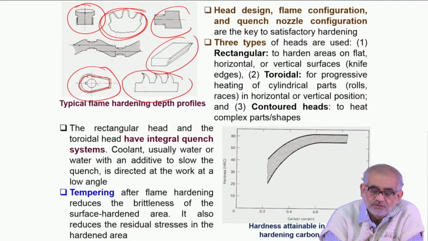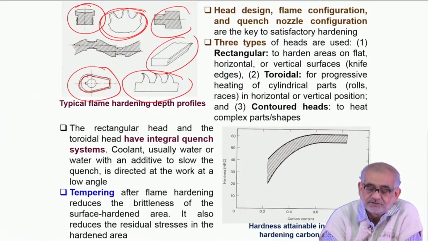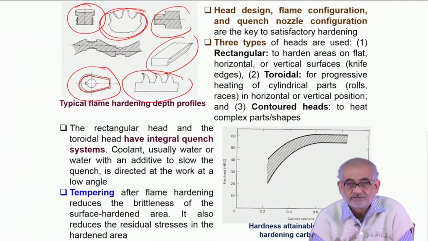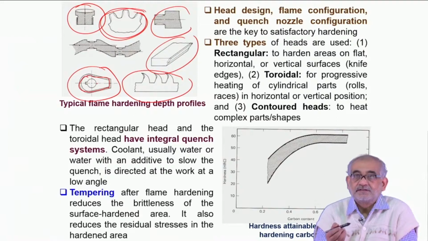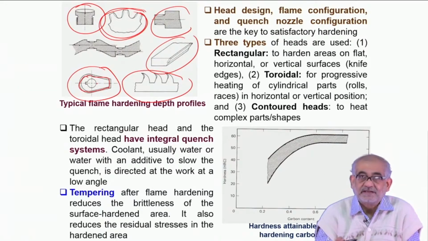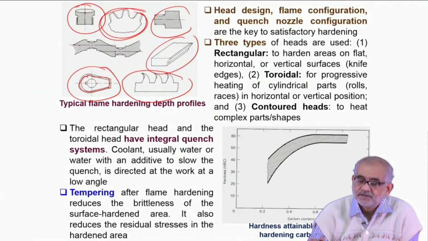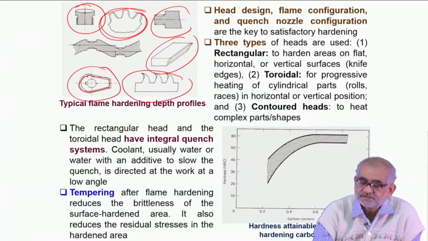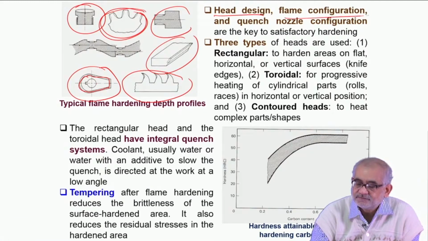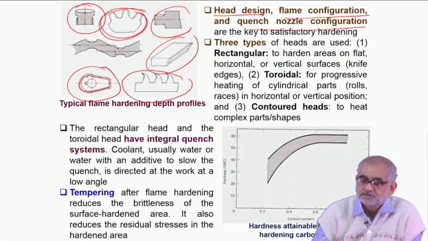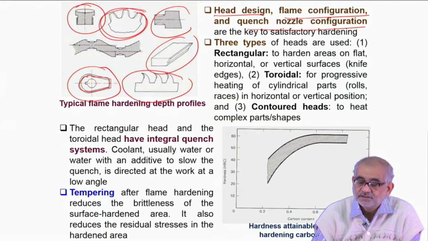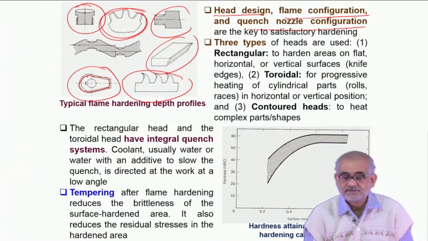But the core we would purposely leave as ferritic or ferritic-pearlitic, so that it can absorb energy of mechanical deformation and provide toughness. The important considerations are the head design, the flame configuration, the quench nozzle configuration, and the velocity with which we throw the coolant and so on.